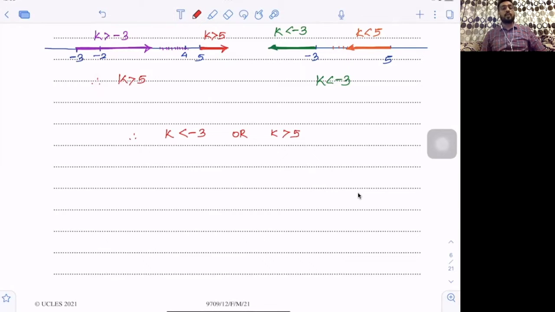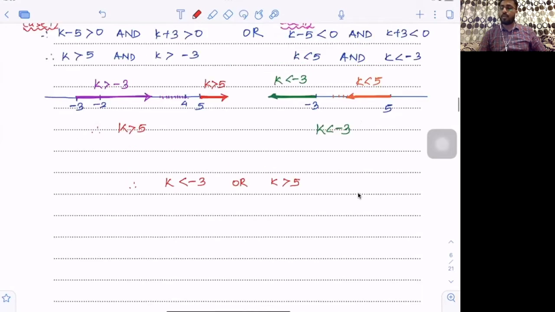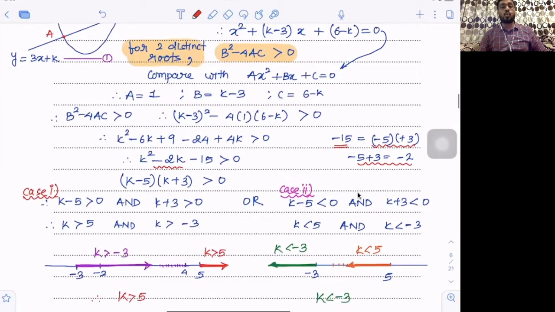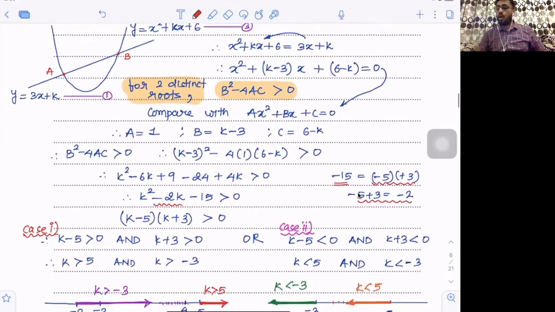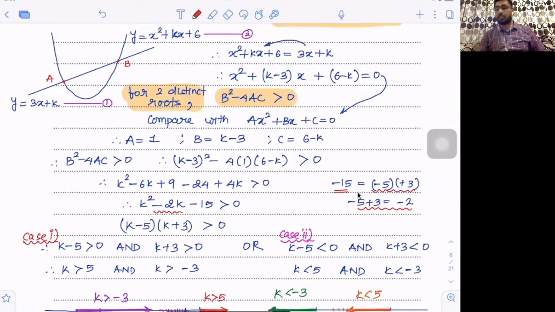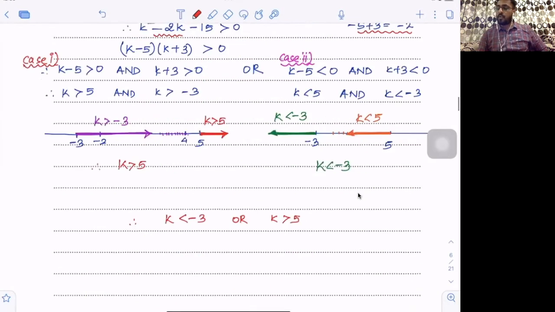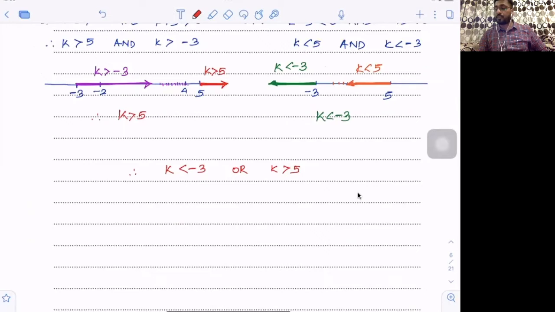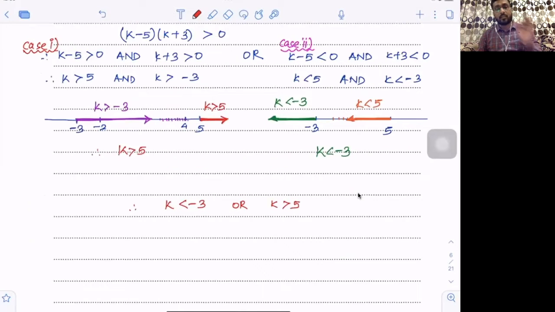So whenever the value of k is less than minus 3 or the value of k is greater than 5, you will get two distinct roots of x square plus (k minus 3)x plus (6 minus k) equal to 0. You'll get two different values of x. If you want, you can check. First of all, take k greater than 5, right?